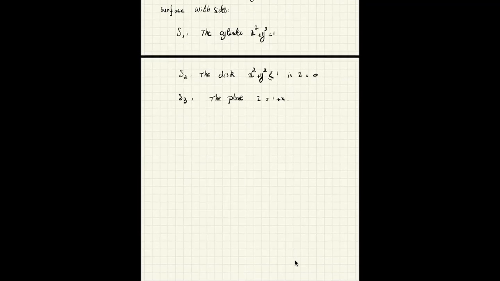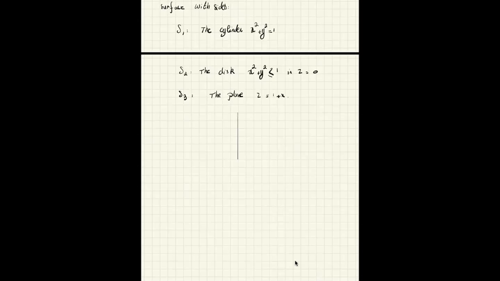So here is a graph of the surface. So we have the disk, that's the cylinder.